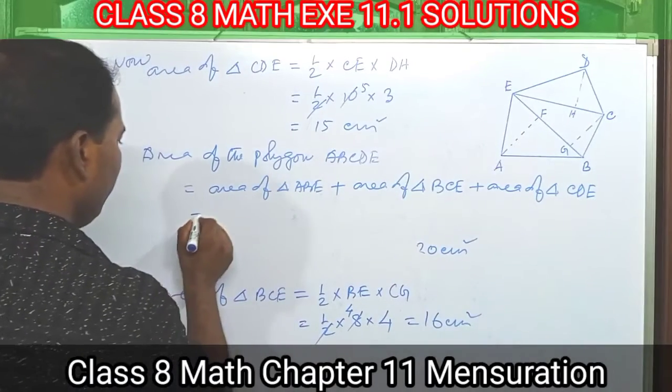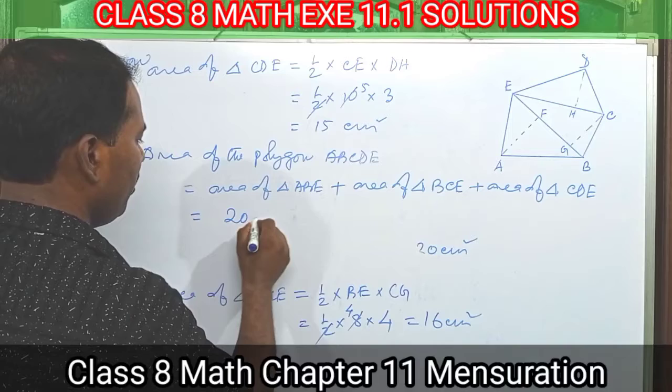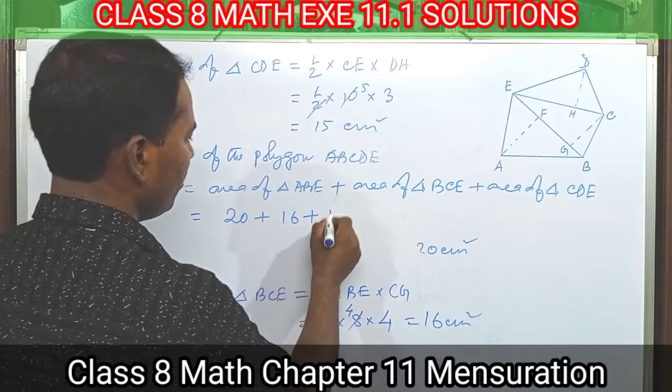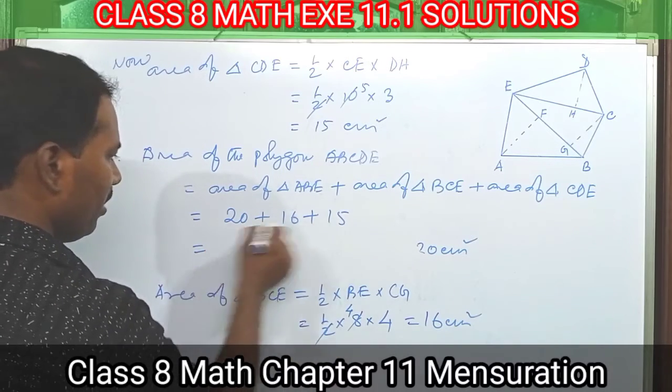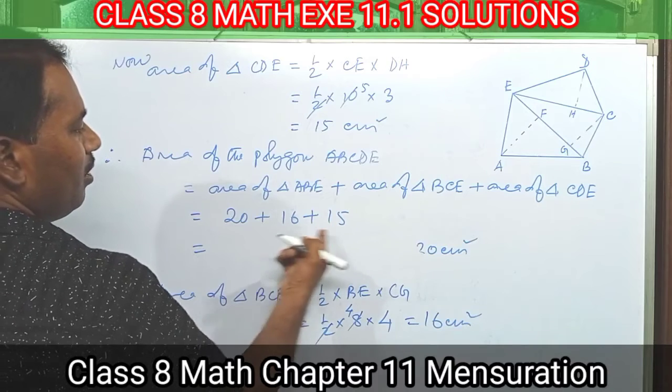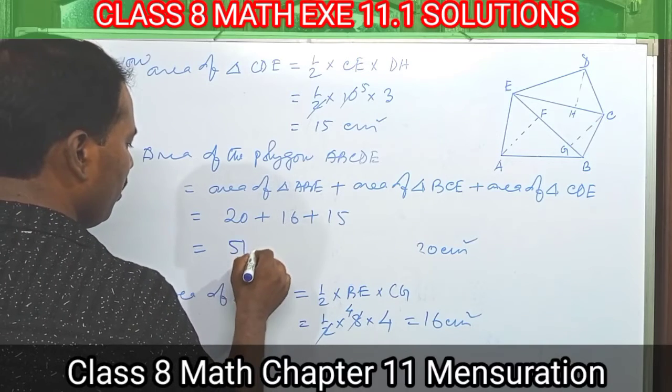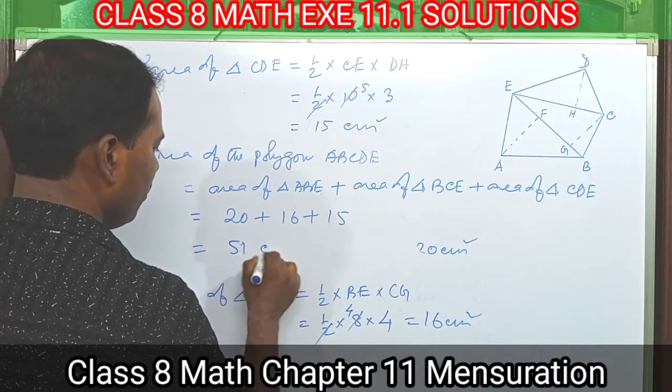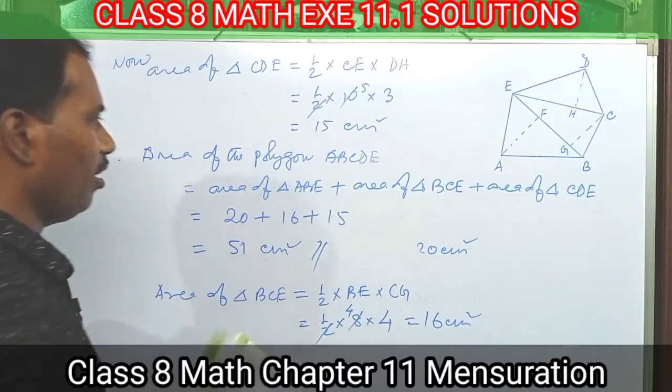Okay, now put the values. It is 20, this is 16, and this is 15. Now after adding this, we will get 31, then 51 centimeter square. This is the area of this polygon.